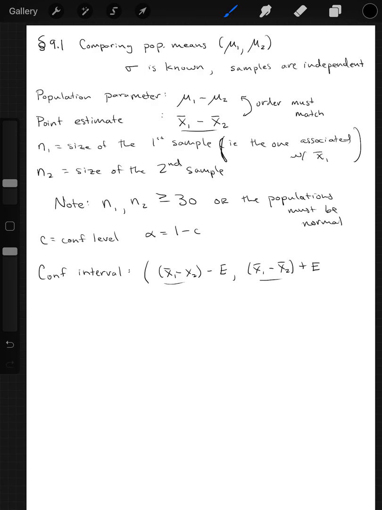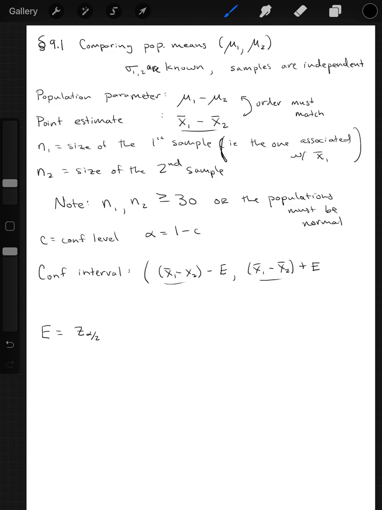And then, so this should be sigma 1 and sigma 2. Sorry. I just realized I hadn't put both sigmas there, right? So, of course, what we really need to know to be able to do these is the formula for E. And it's very similar to section 8.1, except we've got to get both of those sigmas in there.